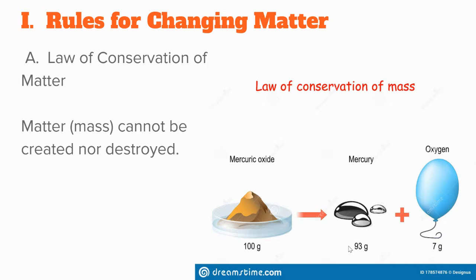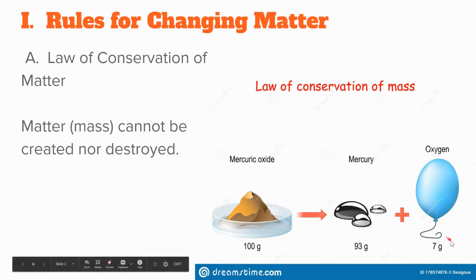So if I, for example, start out here with 100 grams of this mercuric oxide, a compound made of mercury and oxygen, and I decompose that down into its elements, mercury and oxygen, if I've started with 100 grams of the mercuric oxide, I should end up with products that are equal to 100 grams. So we cannot create or destroy mass.